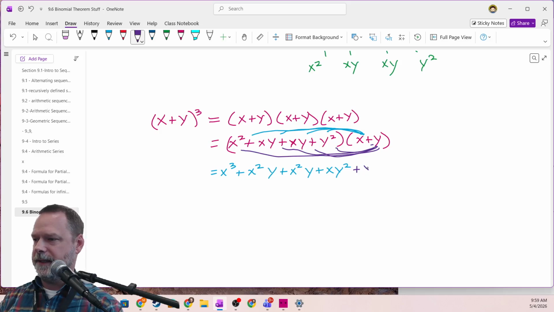Sorry. So let's go ahead and write it. X squared y for that first term, and then xy squared, and then xy squared again. And then our last one, y times y squared is y cubed. Beautiful.